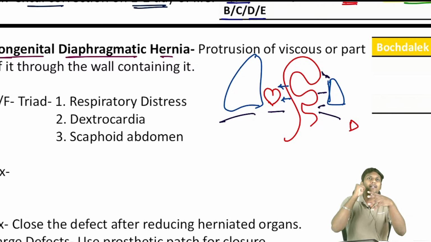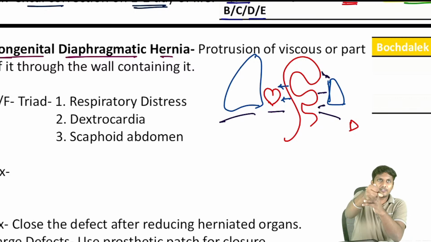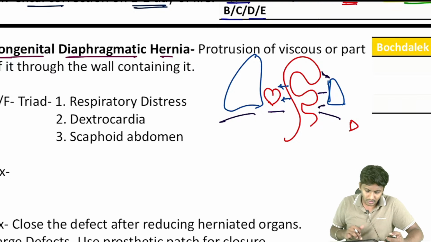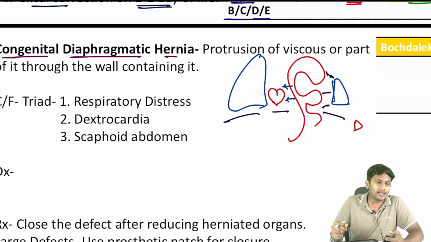That means an internal organ comes out through the wall inside which it is present. Okay? For example, intestine is coming out of the abdominal wall. That is a hernia. Similarly, the intestine is going out of the diaphragm. Okay? That is again a hernia. As it is present since birth, it is congenital. As it is due to a defect in the diaphragm, it is diaphragmatic.